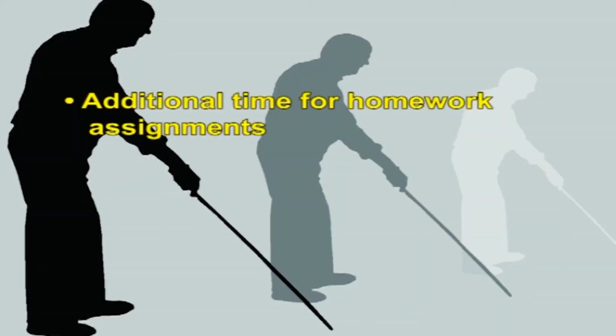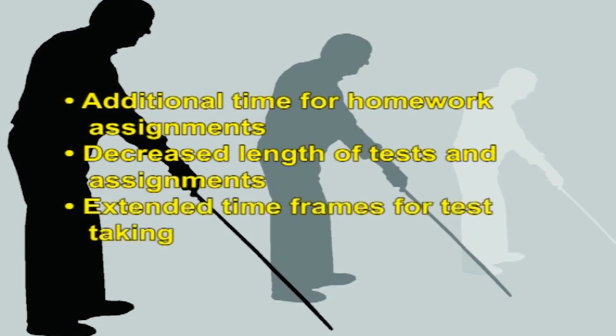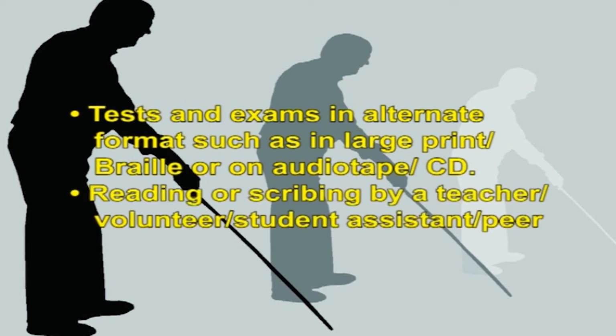Such students may require additional time for homework assignments, decreased length of tests and assignments, extended time frames for test taking, tests and exams in alternative formats such as large print, braille or an audio tape or CD. Reading or scribing by a teacher, volunteer, student assistant or peers.